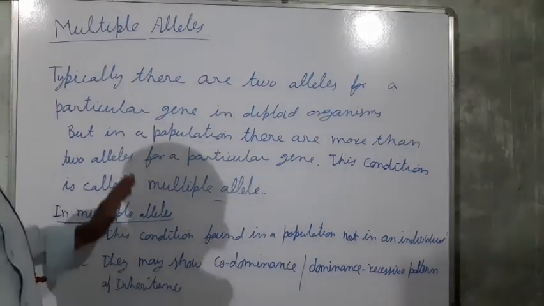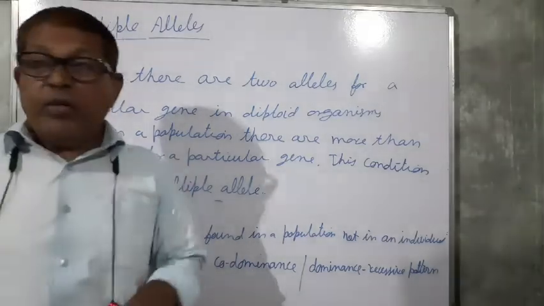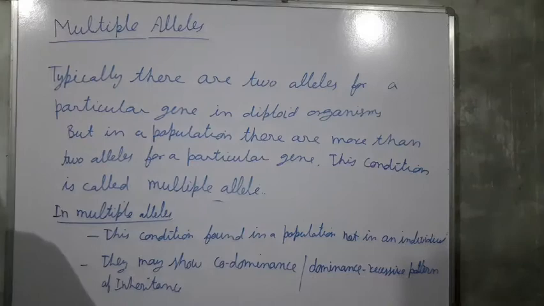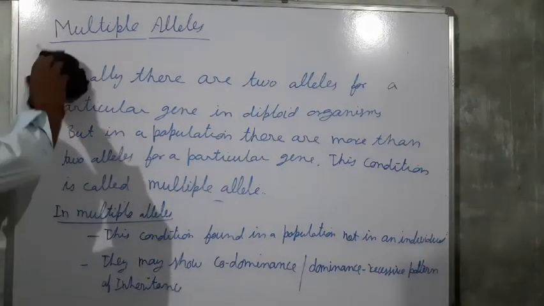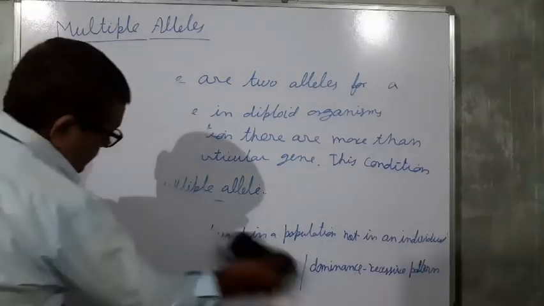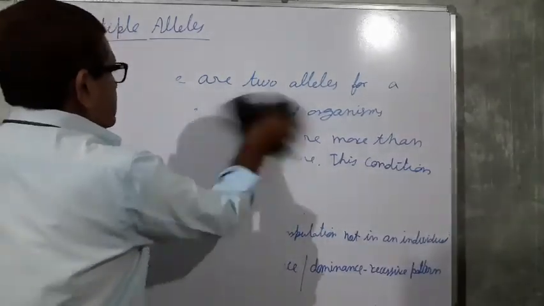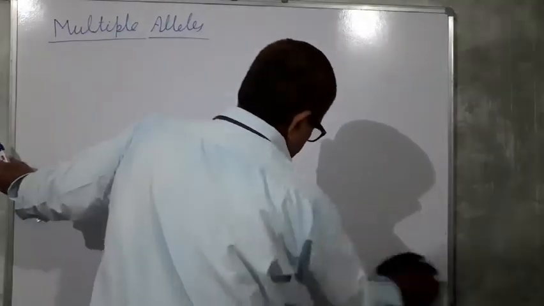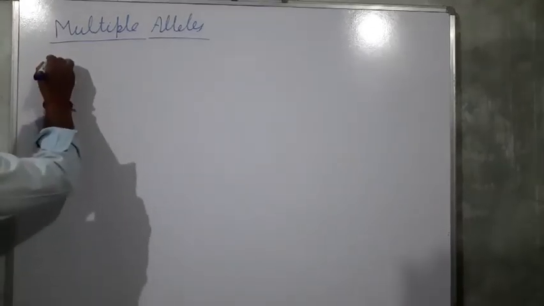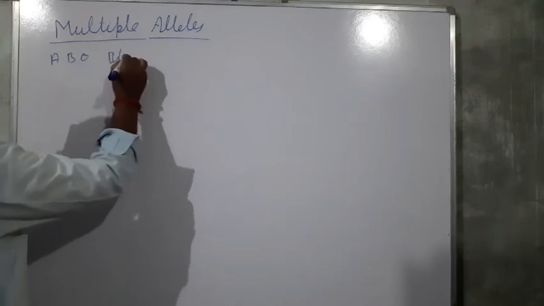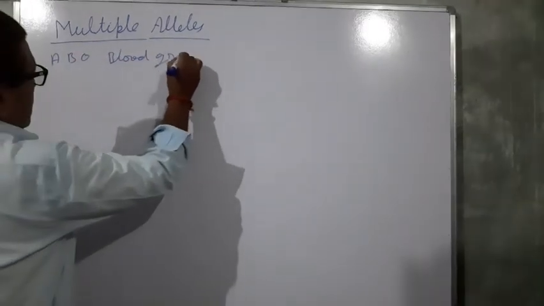So we can explain it by taking the example of the ABO blood group.